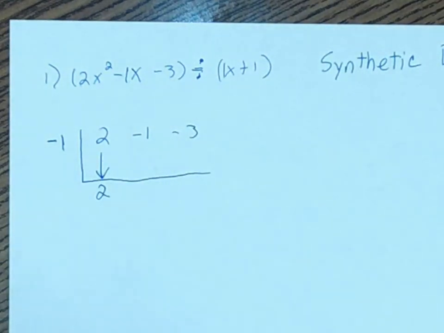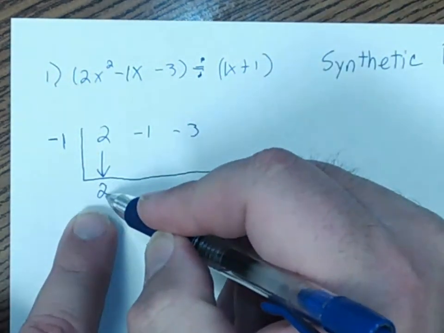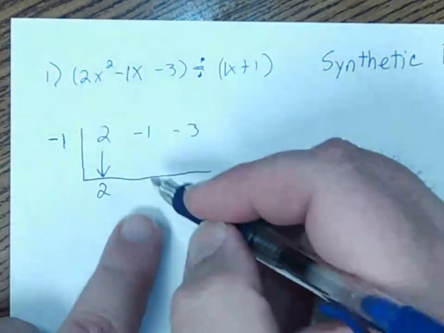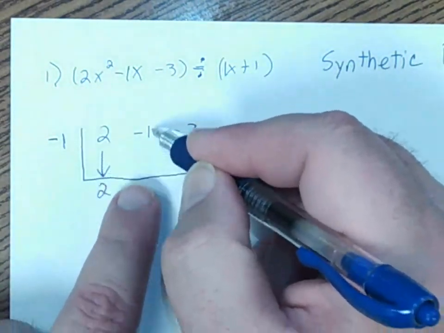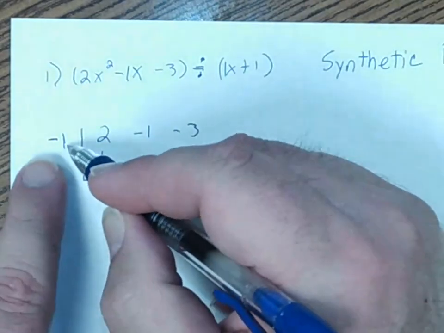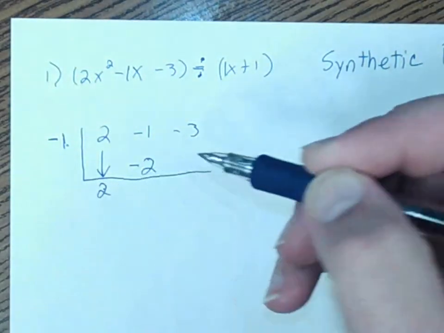And then after that, you're going to do the same 3 steps. You're going to multiply whatever you just wrote underneath by this number, and then write it under the next number in the series. So I'm going to go 2 times negative 1. That's negative 2. I'm going to write that right here, negative 2.